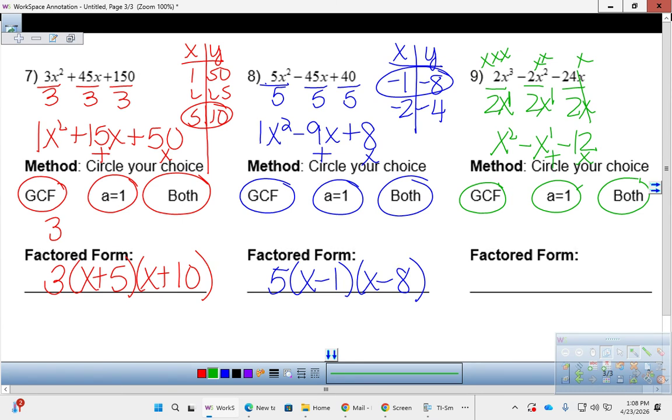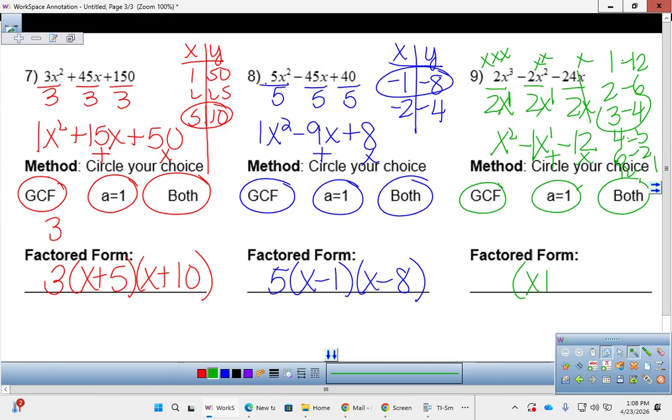So negative 12 would be 1 and negative 12, 2 and negative 6, 3 and negative 4, 4 and negative 3, 6 and negative 2, 12 and negative 1. The pair that adds to negative 1, because this is like a minus 1 here, would be 3 and negative 4.